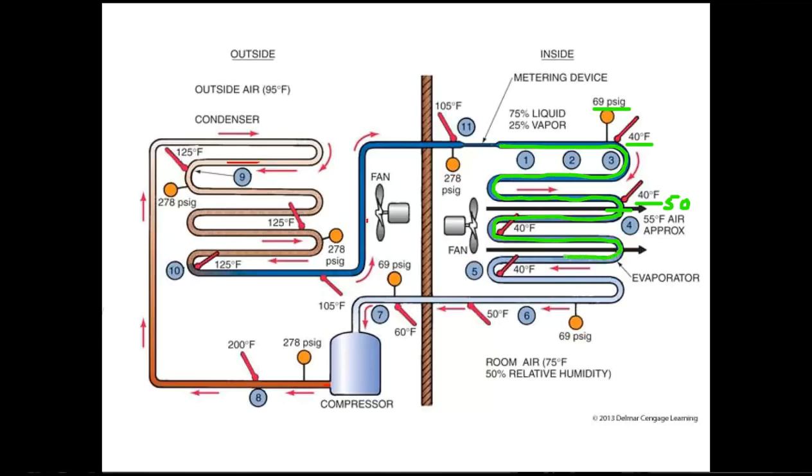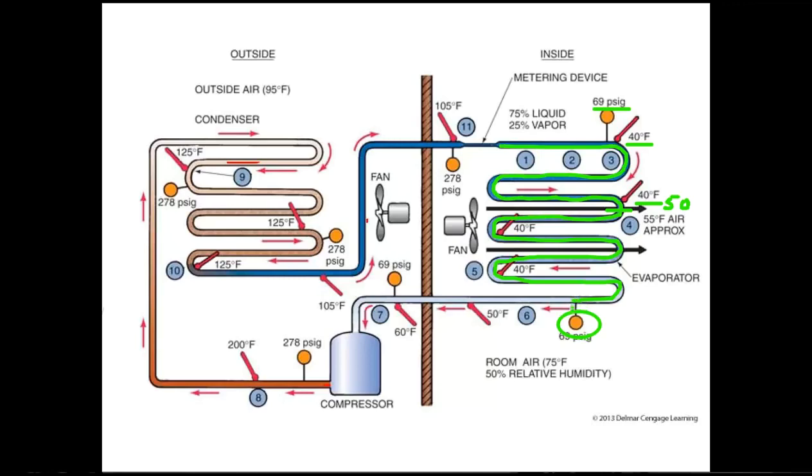Now, at a certain point where the engineers designed this coil, this refrigerant is no longer going to be at its saturation point. Although it's still at 69 PSIG, we are now at the 100% vapor point.